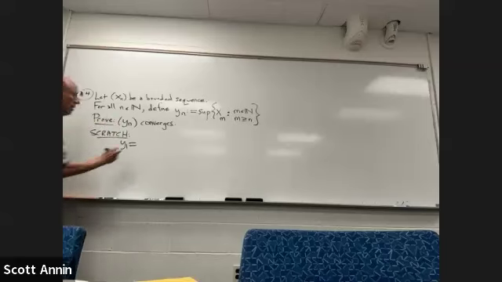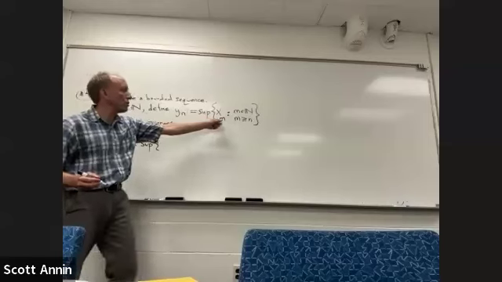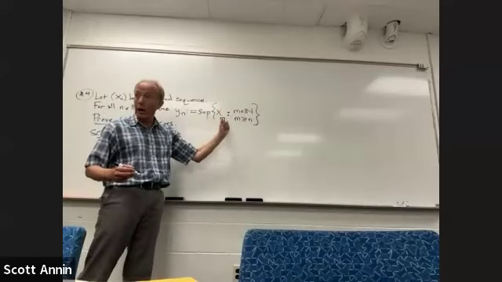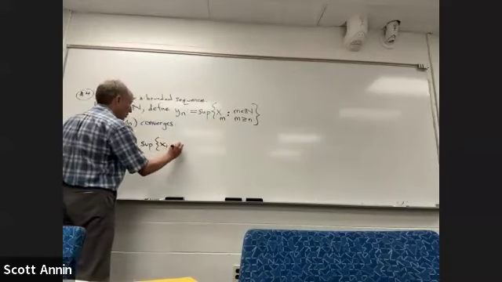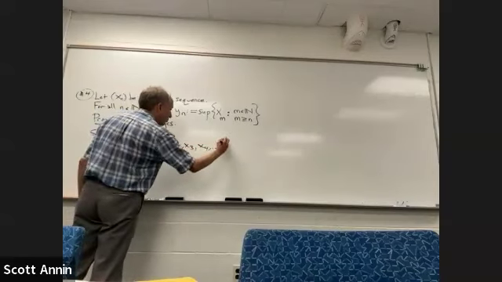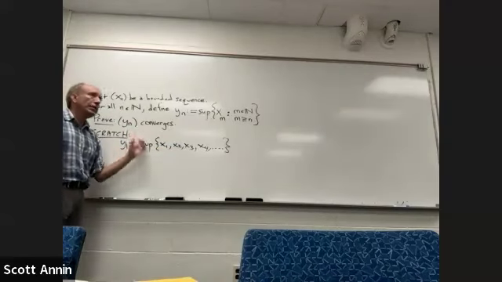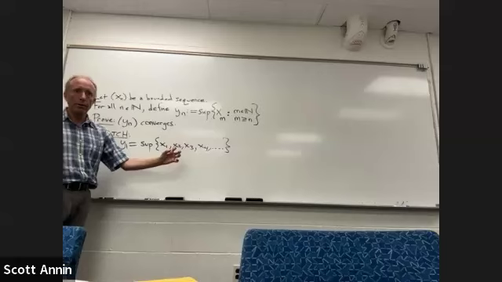So y1 would be what? The supremum of all of the x's starting with x1. So it would be x1 and then x2 and then x3. It's the supremum of that set. So remember, supremum is least upper bound.